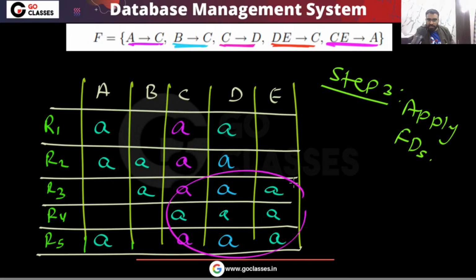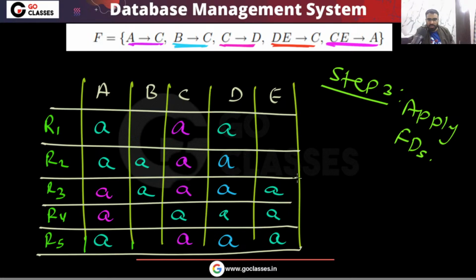You can see in these last three tuples, CE value is same. So in these tuples, A value must be same. Already A value is here A, so I should put A here also, here also. Is this clear?